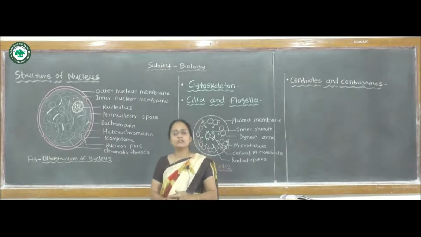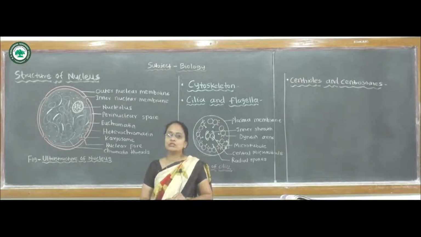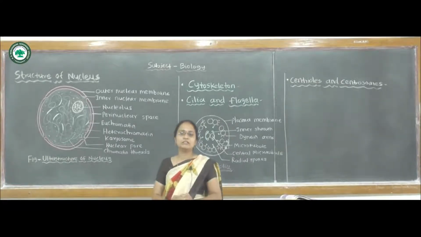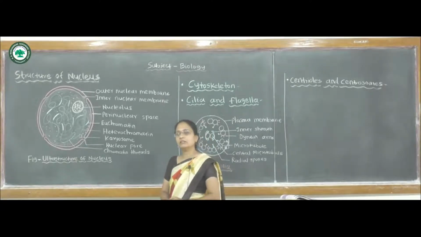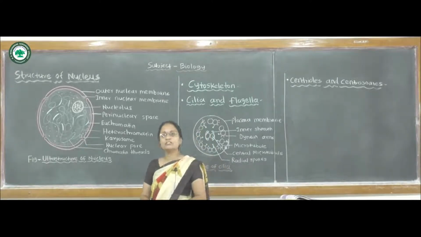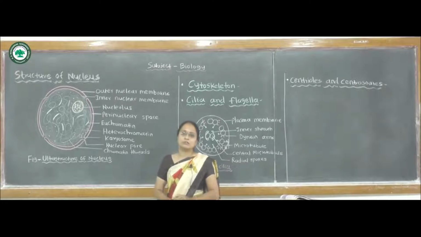Generally the position of the nucleus in the cell is at the center. Depending upon the presence and absence of the nucleus, various types of cells are present. Some cells are uninucleated, containing only a single nucleus.